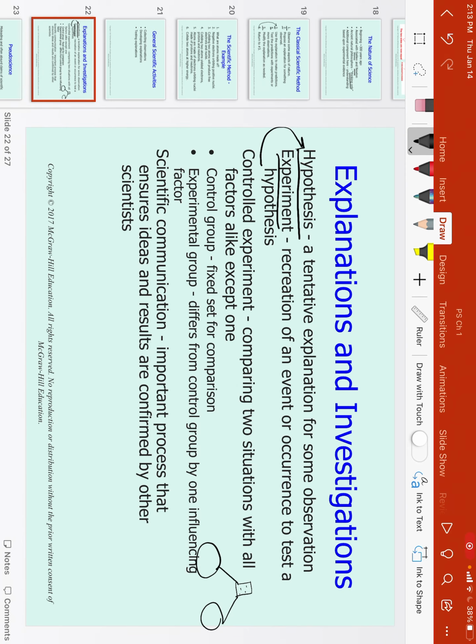Let's say I have 50 people in each group to make it even. Each person in each group gets a pill. The control group doesn't get the actual pill being experimented on. They get a pill that looks like it, but it's not the same pill. Whereas the experimental group gets the actual pill.